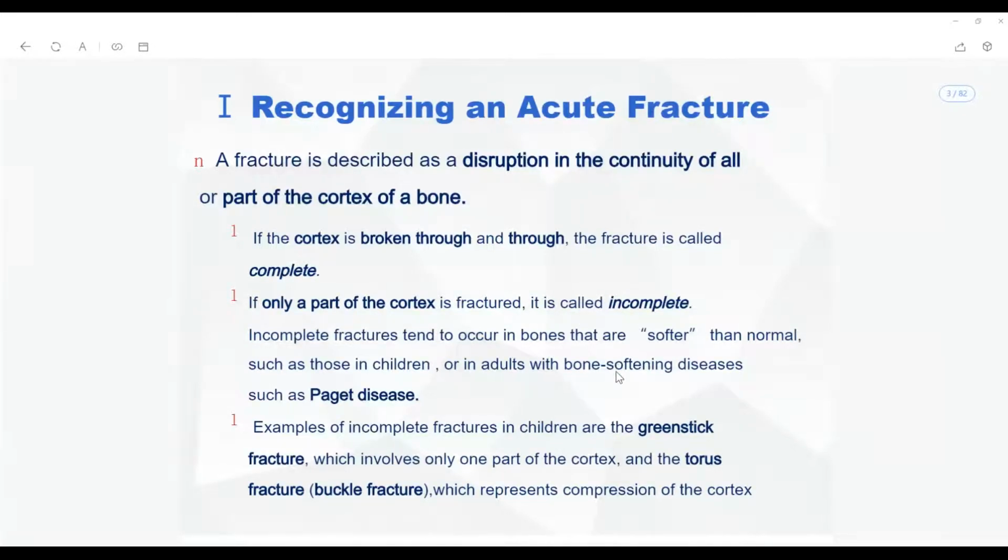It is also known as the greenstick fracture if it is occurring in children, in situations like Paget's disease. But there is another fracture known as the torus fracture or the buckle fracture, which represents the compression of the cortex and the invagination of one part of the bone into the other part of the bone.